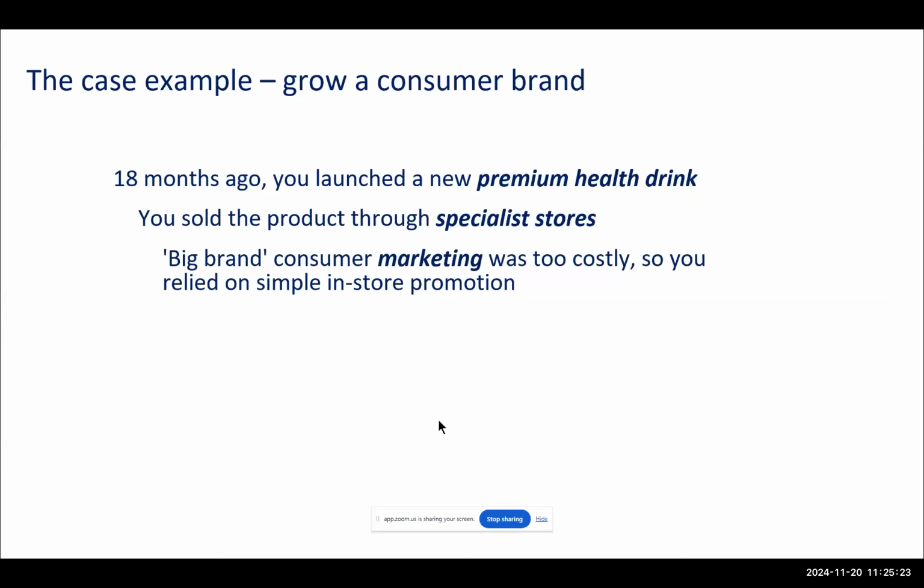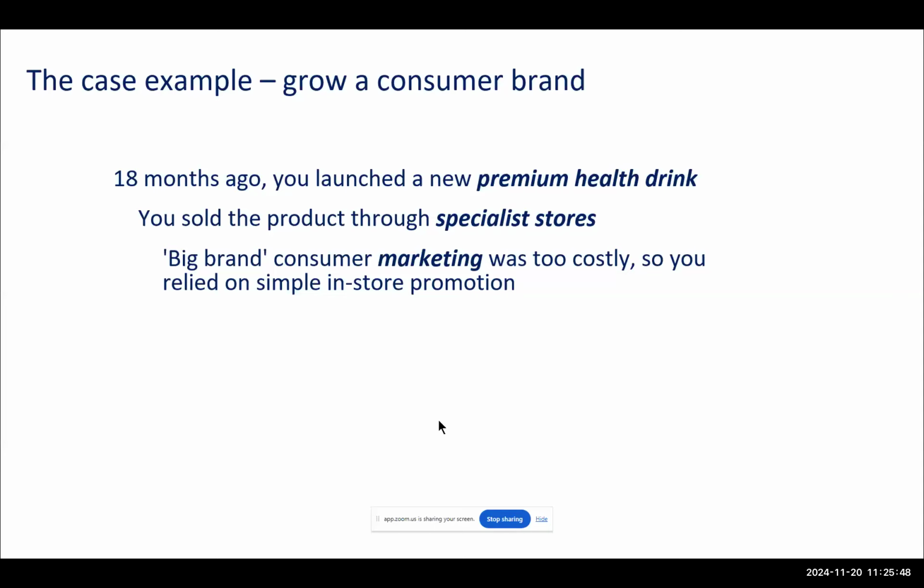And because it's just you and you haven't got a lot of money, doing the kind of big brand consumer marketing was way too costly. So you relied on simple in-store marketing promotion. So putting discount vouchers through people's doors, putting discount offers on the shelves in the stores that are selling your product.